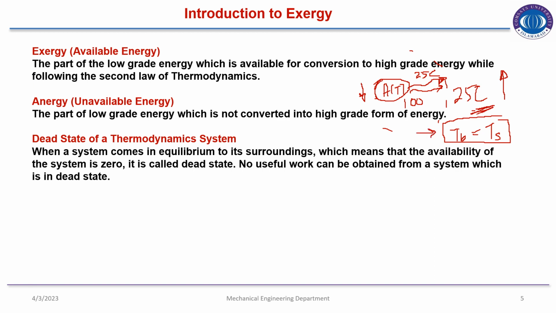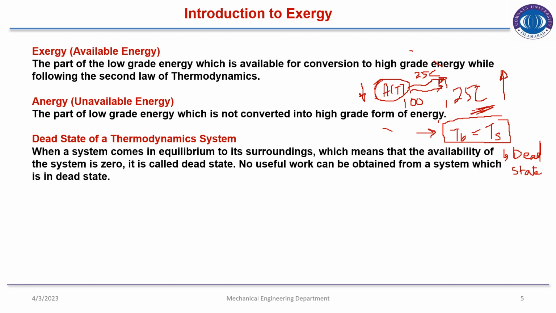That condition, when the finite body temperature becomes equal to the temperature of the surroundings, is known as the equilibrium state, and now no heat will transfer from the body to the surroundings. In thermodynamic terms, this state is termed as dead state, because no work can be extracted from the body at that state.